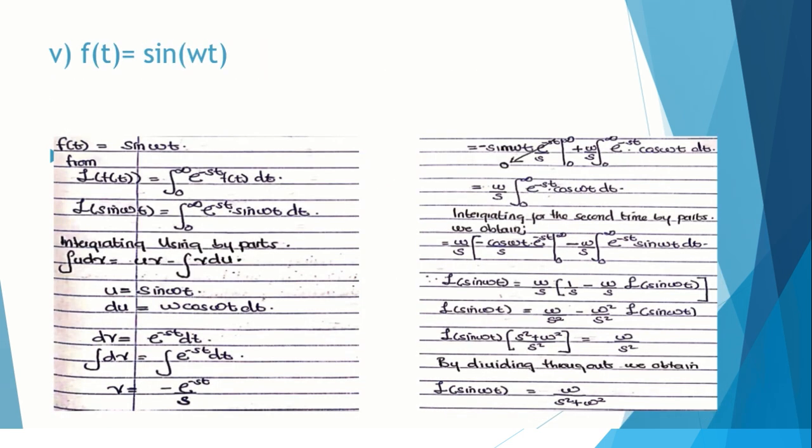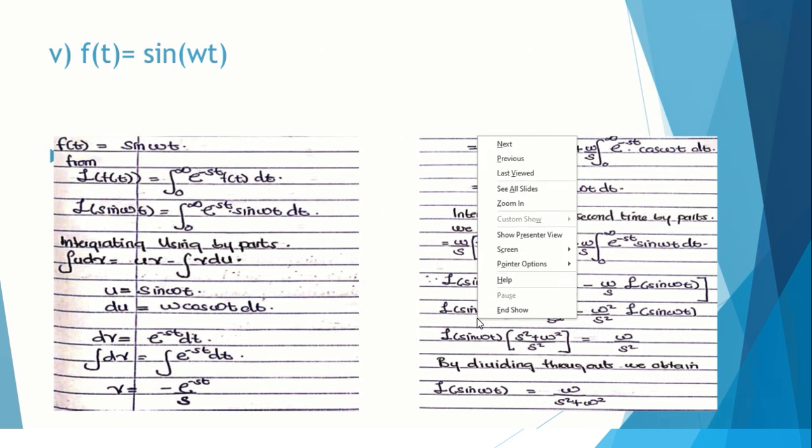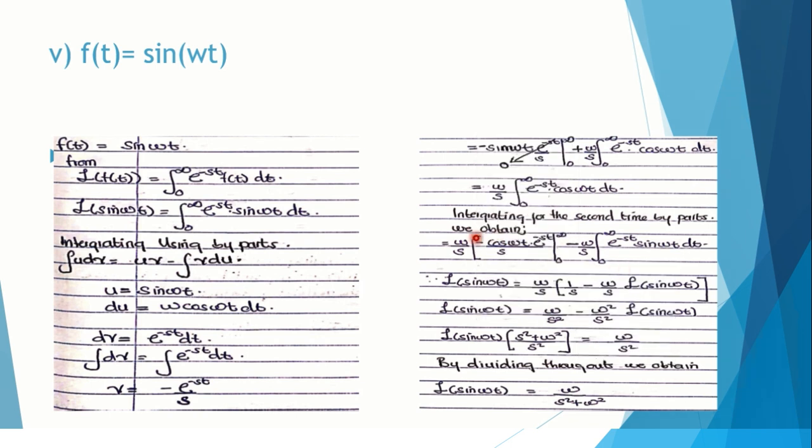we know that when we integrate, we're going to integrate normally as you guys have been doing it at your A level. Let me use a cursor, a laser pointer. So when we punch in the values, we're going to see that our u is going to be equal to sine omega t, and our v is going to be exponent minus st divided by minus s, but the minus is going to be put this side.